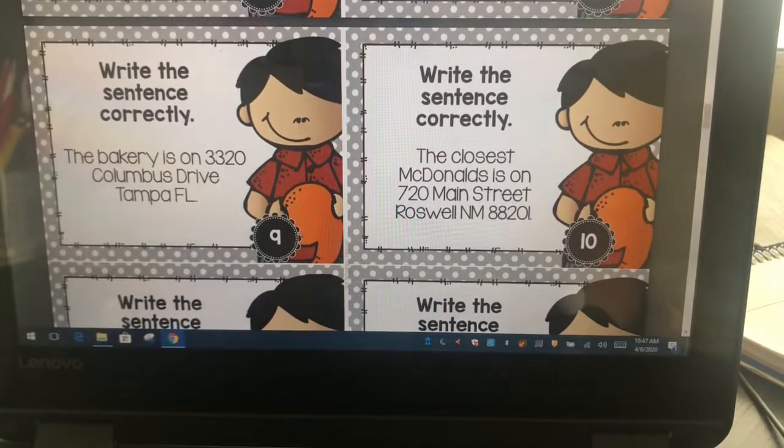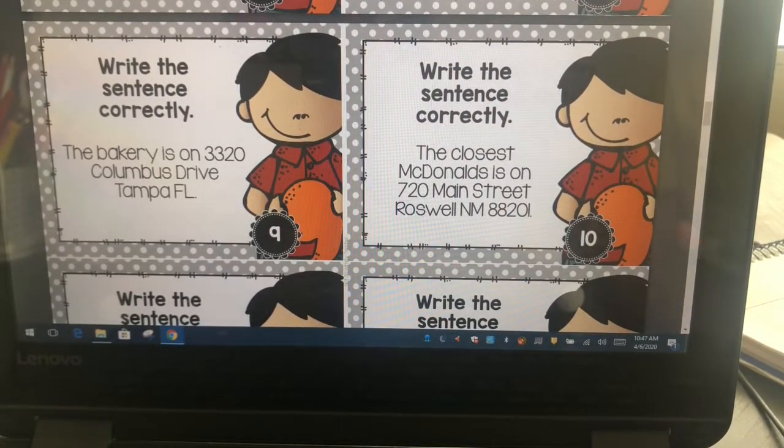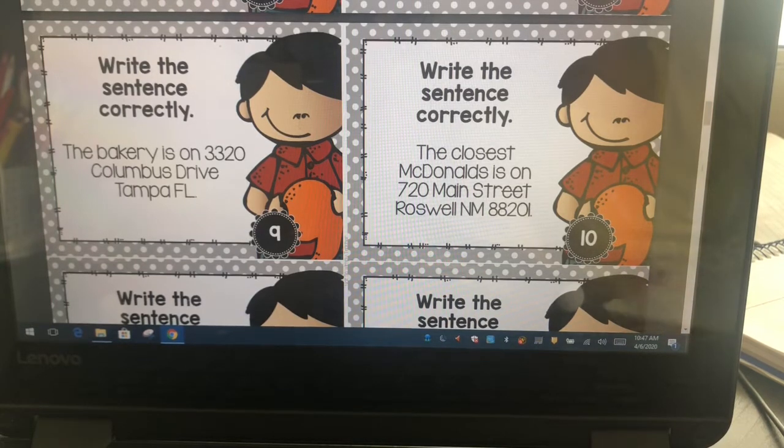Let's try the next one. The next sentence, the closest McDonald's is on 720 Main Street, Roswell, New Mexico, 88201. So I'm going to write the whole sentence.